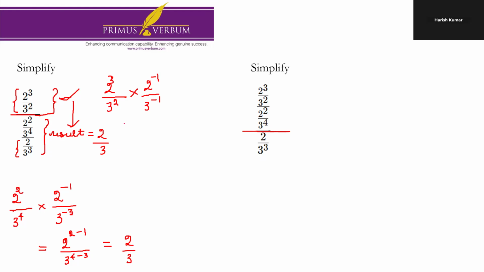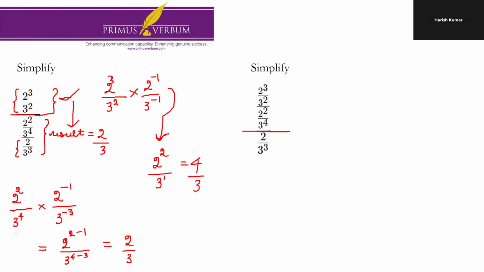So this is going to give me 2 raised to the power 2 divided by 3 raised to the power 1 after adding the relevant exponents. So this gives me 4 by 3 as the answer.